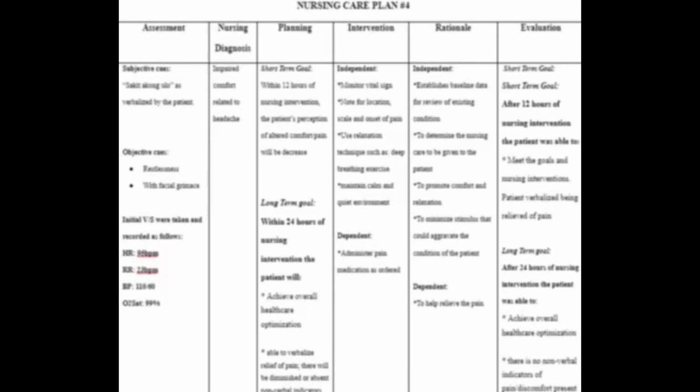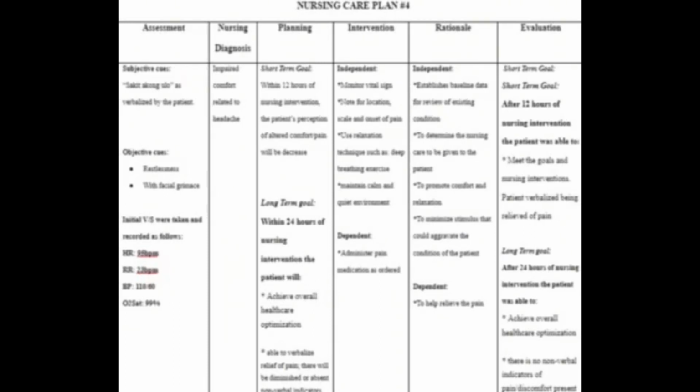For planning, short-term goal, within 12 hours of nursing intervention, the patient's perception of altered comfort or pain will be decreased. And for our long-term goal, within 24 hours of nursing intervention, the patient will achieve overall healthcare optimization and be able to verbalize relief of pain, and there will be diminished or absence of non-verbal indicators.